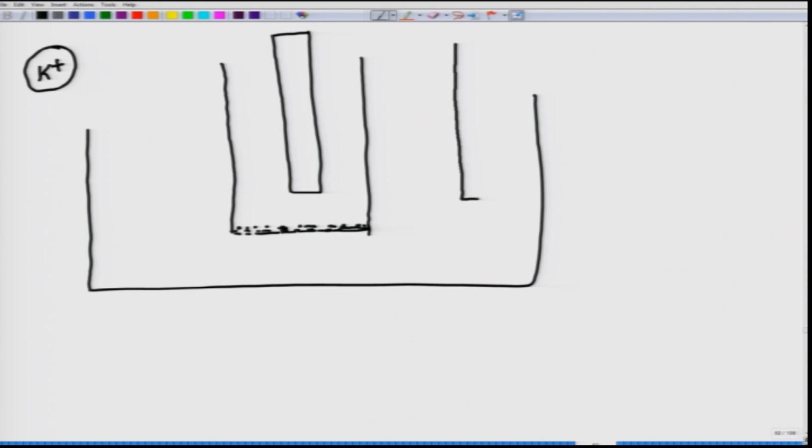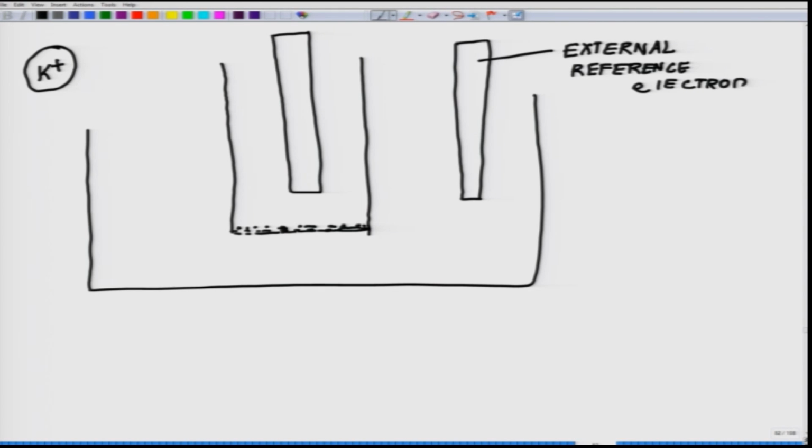And out here you have a reference electrode. So, this is your external reference electrode, and this is outside.